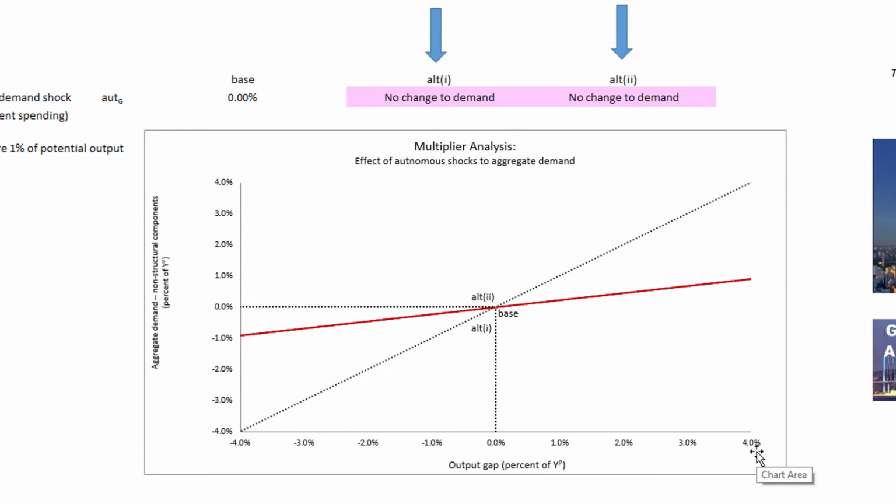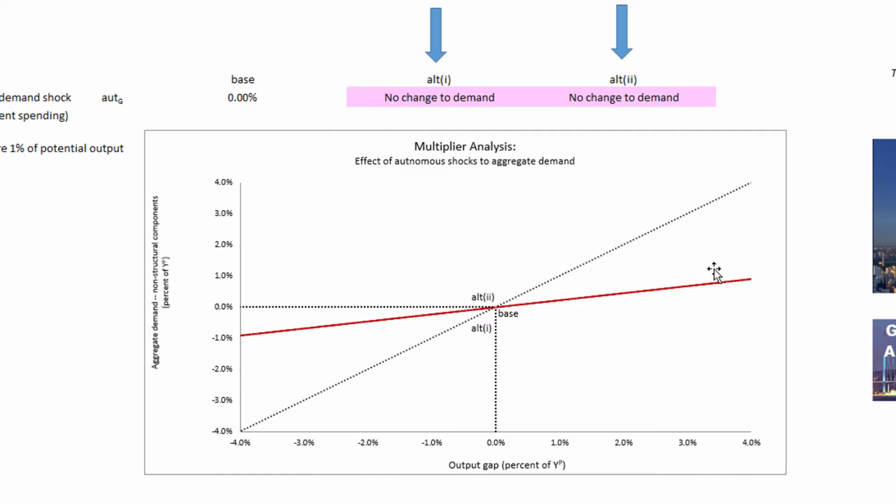The output gap is the difference between the actual level of output and potential output or full employment output, but we're measuring it as a percent. So let's say that if full employment output is 16 trillion, and the output is above that by 160 billion, that means we say that the output gap is 1%.